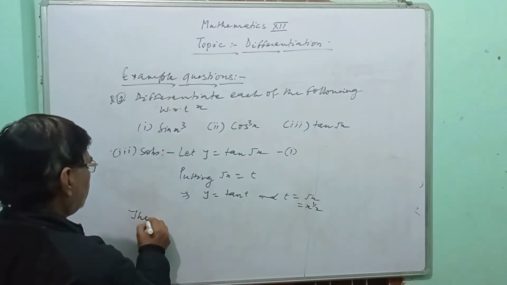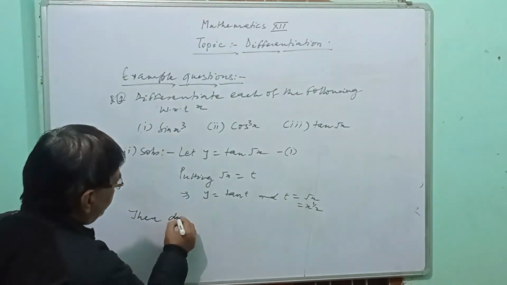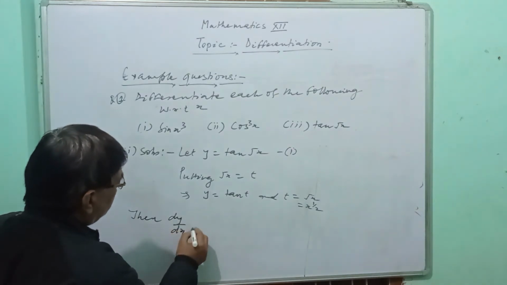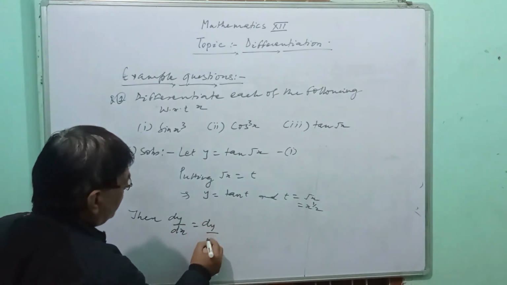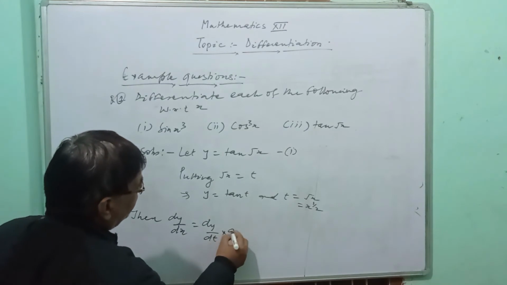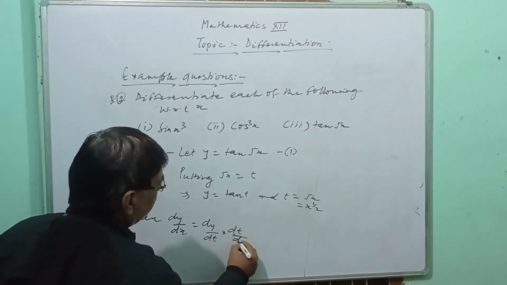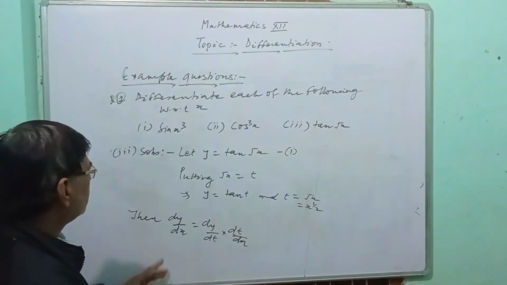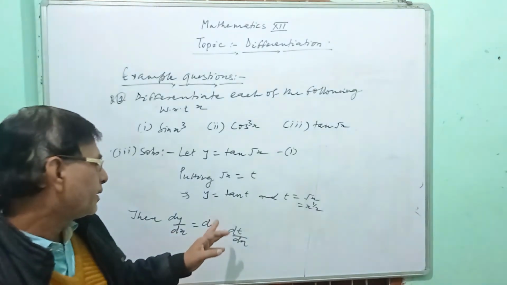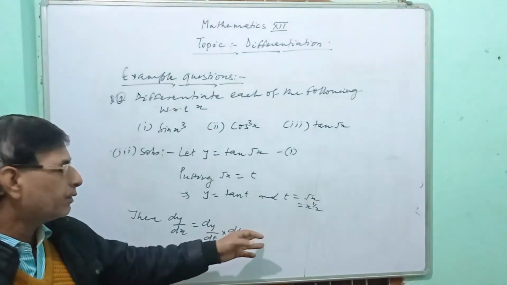Then dy by dx is equal to dy by dt into dt by dx. According to chain rule, dy by dx is equal to dy by dt into dt by dx.